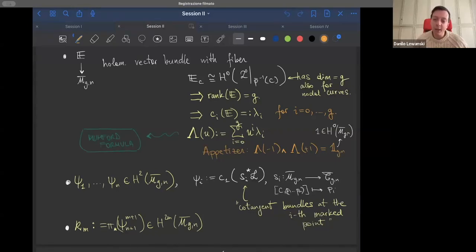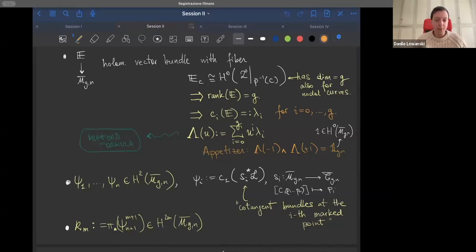So it's just a g-dimensional vector space of holomorphic differentials. And so its rank is, of course, g, because the fiber is g-dimensional. And now you have the right to take its Chern classes from the 0th one up to the gth one, because we know that after the gth one, everything will vanish, so it's not interesting. So you can now define this element in the cohomology that you call lambda_i. So lambda_i is just the ith Chern class of the Hodge bundle E.